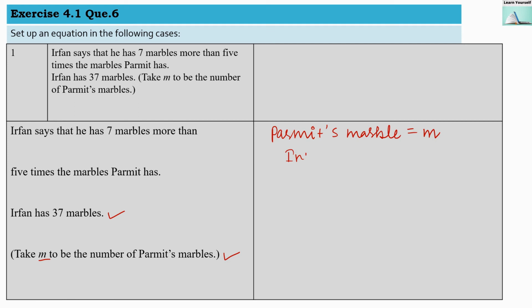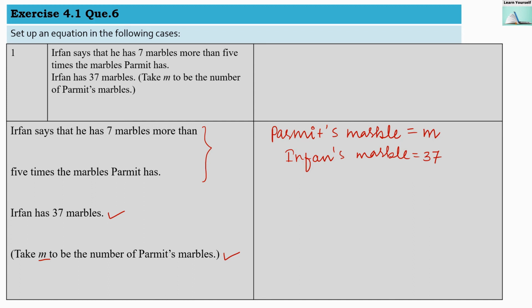So we know that Irfan's marble count is 37. So here we are going to write 37. Now we have to frame an equation based on this statement. Irfan is saying that he has this many marbles, that we have to write as an equation.